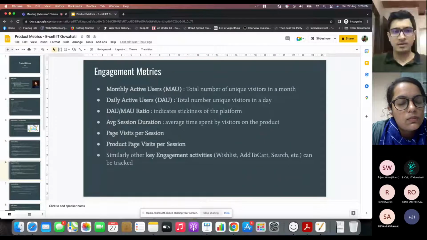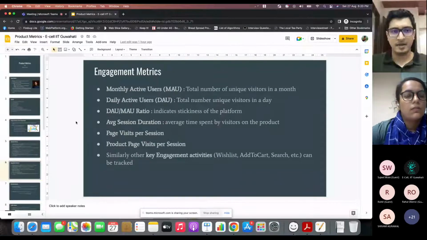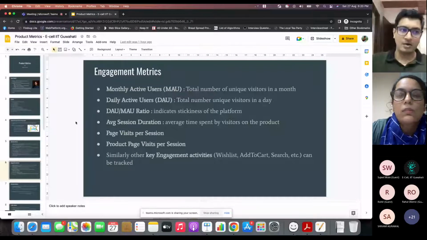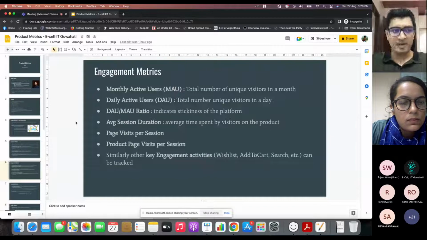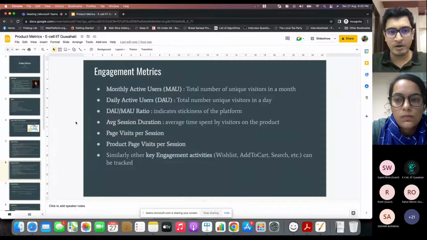Then come the engagement metrics. Engagement metrics are to do with what your users are doing with your app, how they are engaging with your app. What is engagement? Engagement is, let's say, visiting the app, clicking on wishlisting a product, viewing the product, or adding a product to cart.